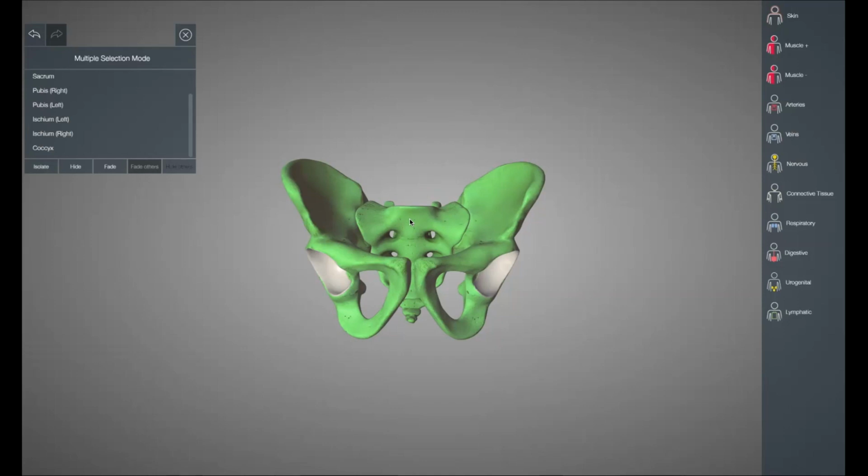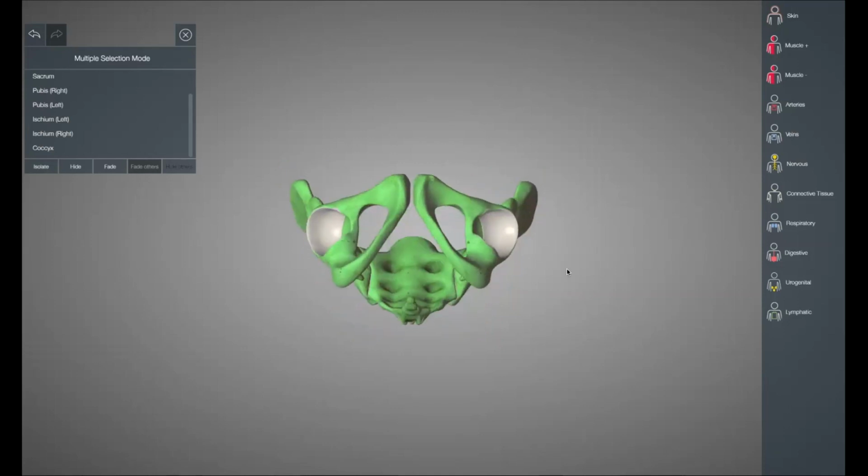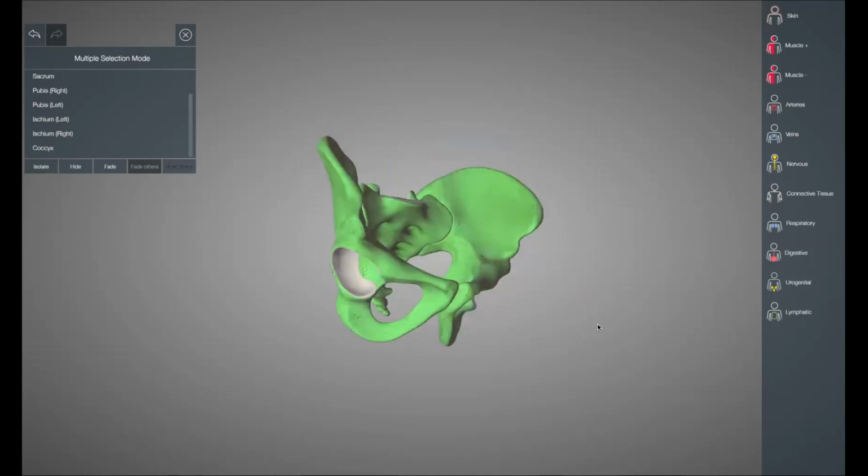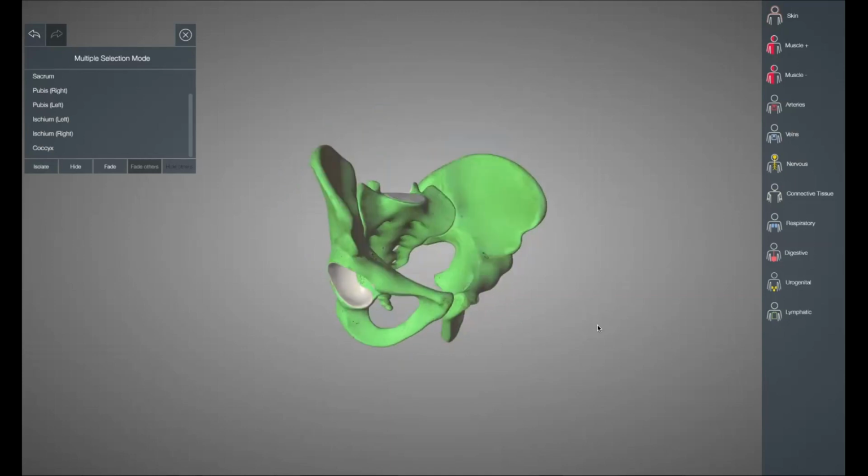The next thing we have is the greater and the lesser pelvis, which are just 2 regions. The greater pelvis is the false pelvis.